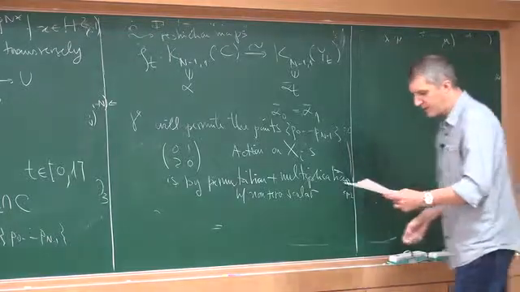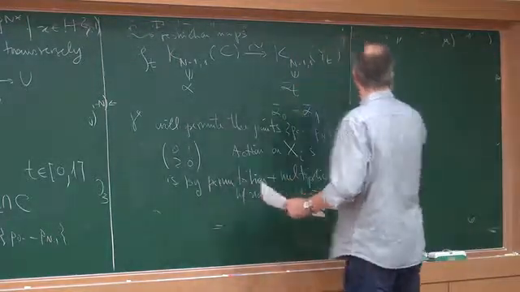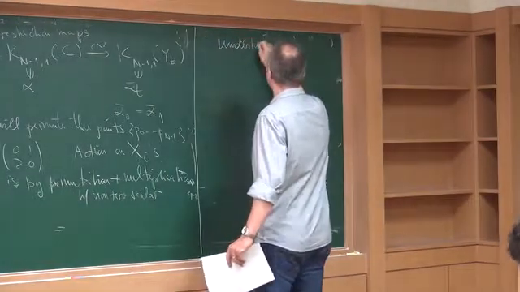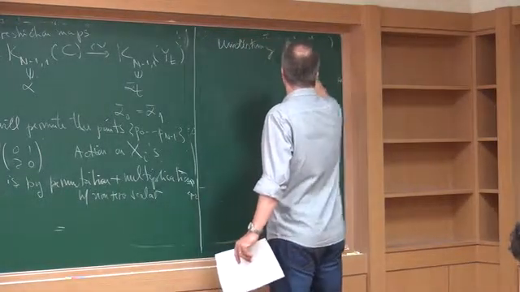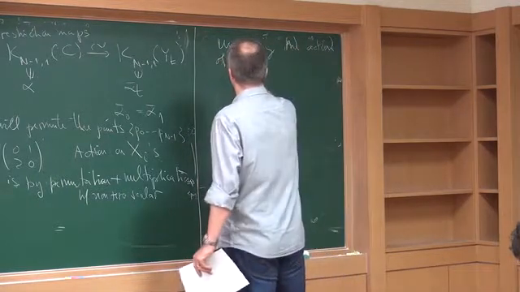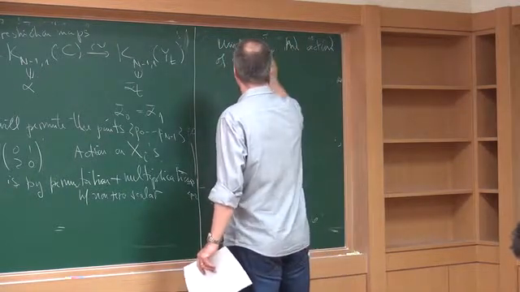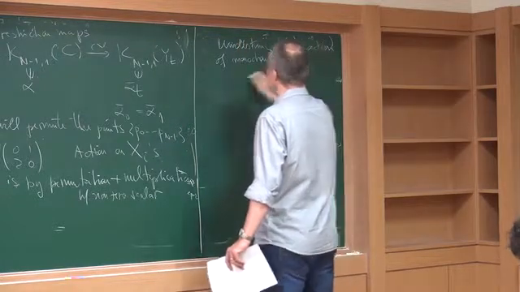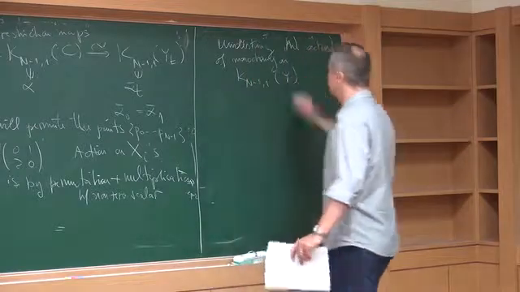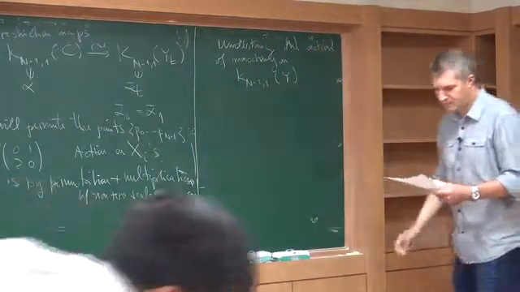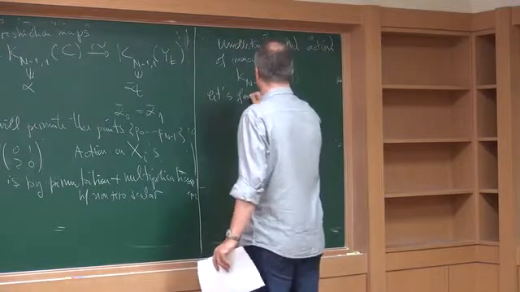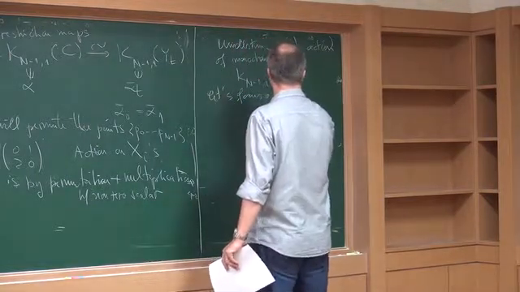So let's understand the action of monodromy on K_{n-1,1} of Y. Let's focus on a transposition.